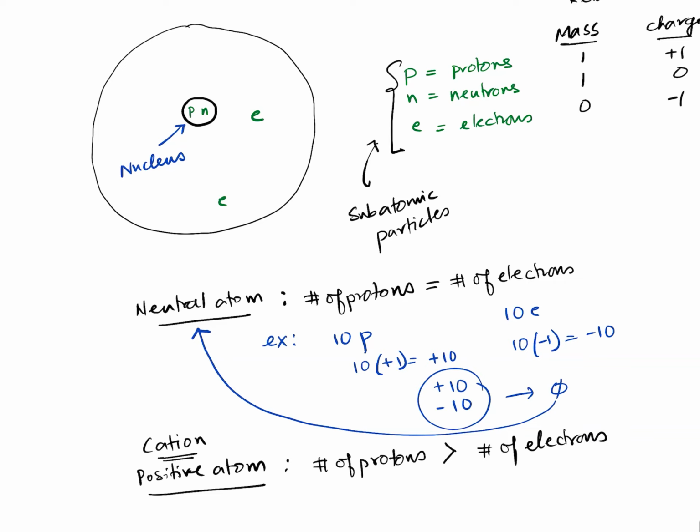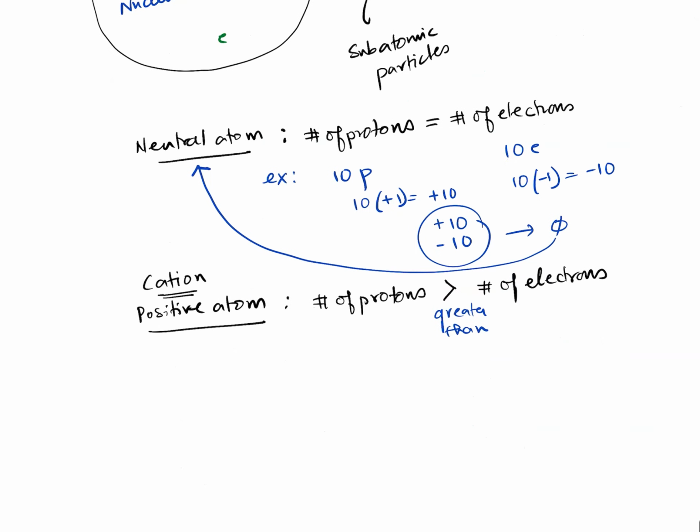And just in case you're wondering, that sign means greater than. So you end up with a cation. And of course this results from electrons being taken away. So we're going to call that loss of electrons. When the atom loses electrons, you end up with a cation, okay?